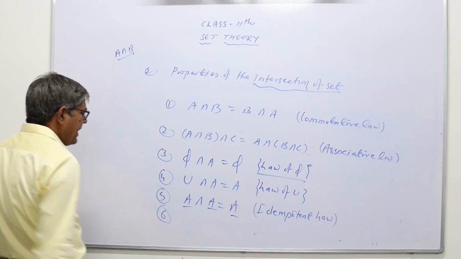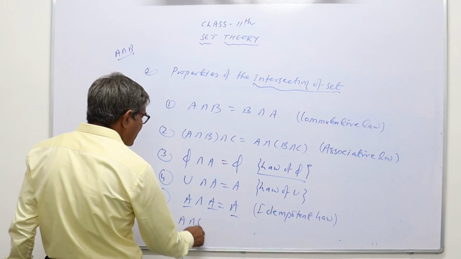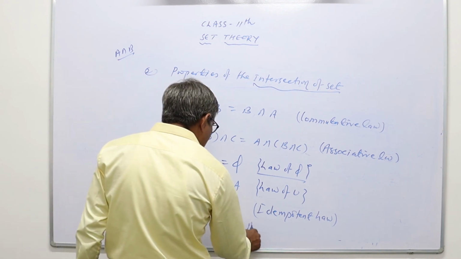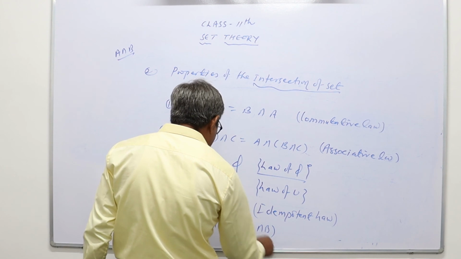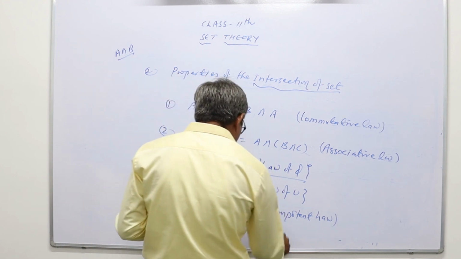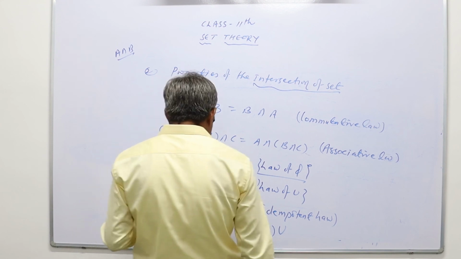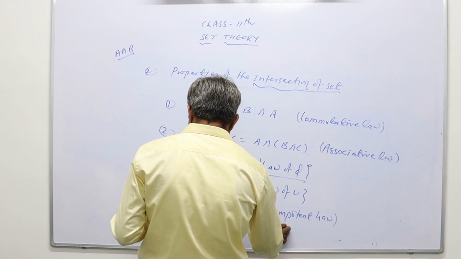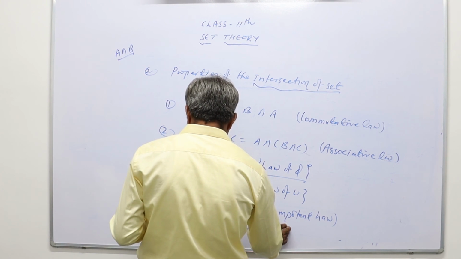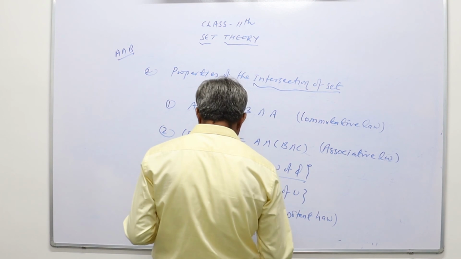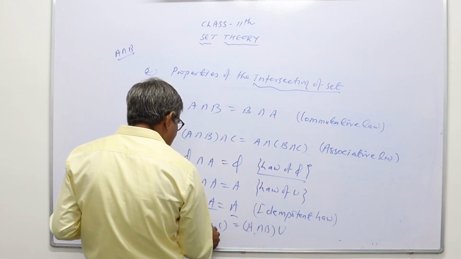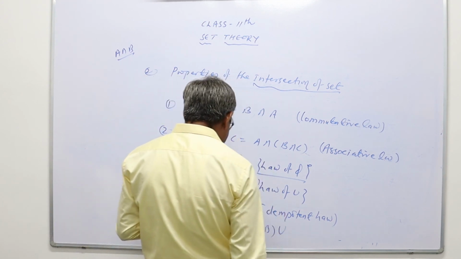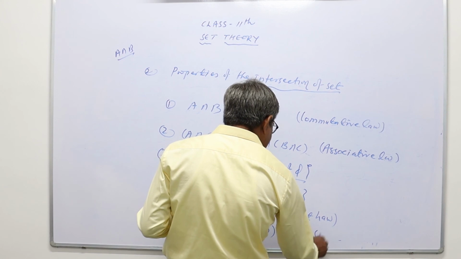And the last one, sixth property: A intersection (B union C) will be equal to (A intersection B) union (A intersection C).